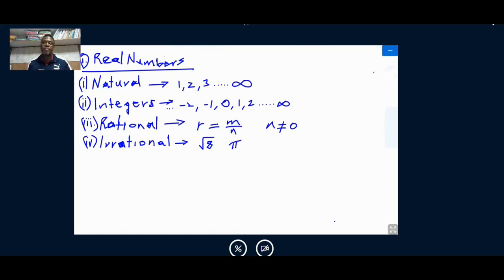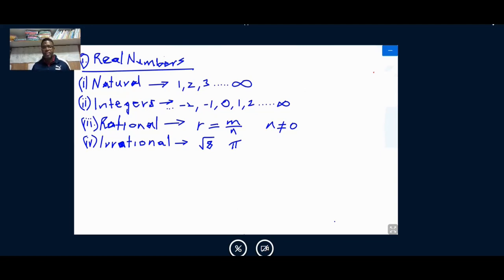Number two, irrational numbers, when written in their decimal form, they just go on and on without stopping, and without repetition. And I gave you an example. You must calculate the square root of 8 in your calculator. You'll see, you just get a number that fills up your screen. And if you do it on a computer, you'll just get a number that fills up your computer screen.